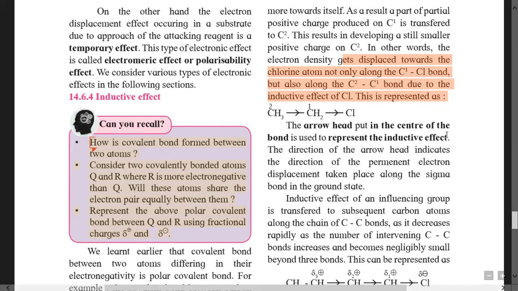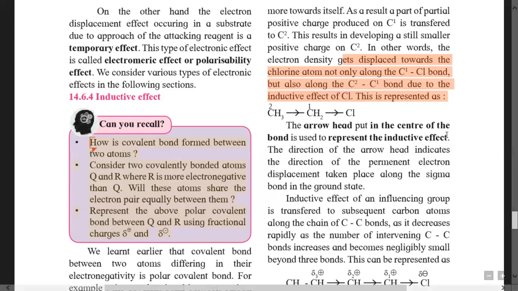Due to this positive charge on carbon number 1, the electron pair present between carbon 1 and carbon 2 is also slightly attracted towards carbon 1, and again polarity is developed.